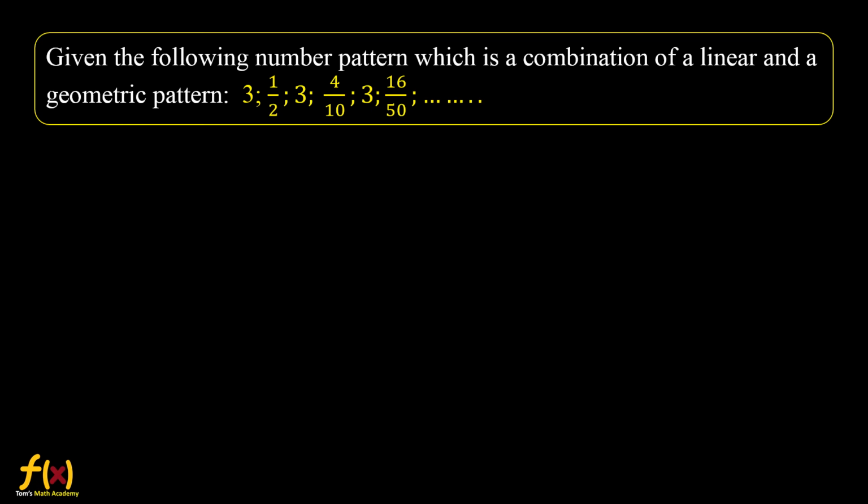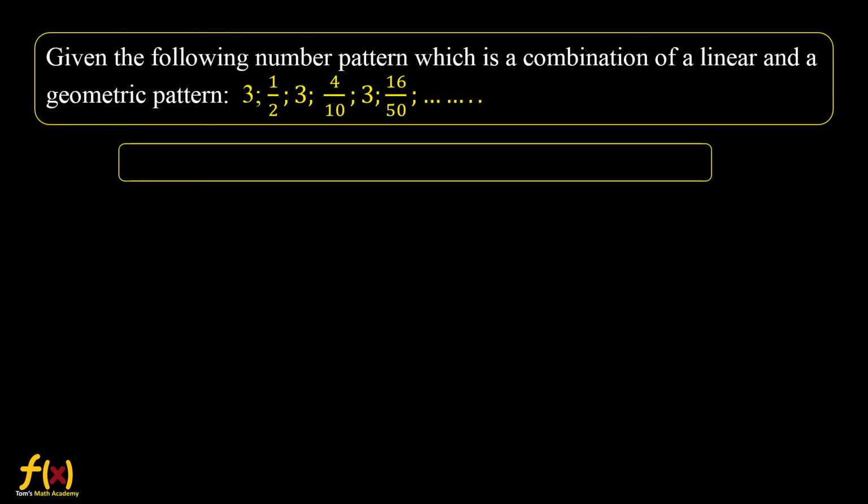Given the following number pattern, which is a combination of a linear and a geometric pattern, 3 half, 3 4 over 10, 3 16 over 50, etc. There is a linear sequence, that is 3, 3, 3, and there is a geometric sequence. Now, what is our question?